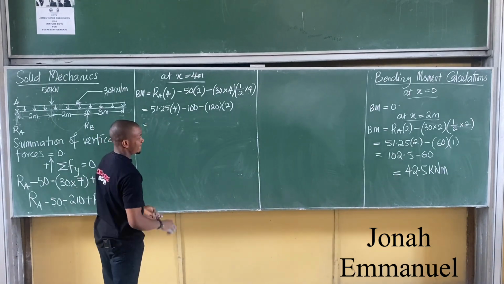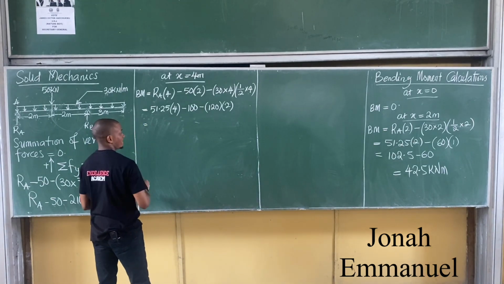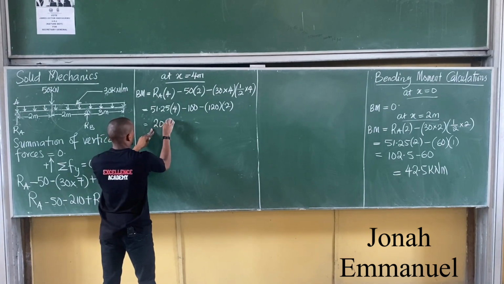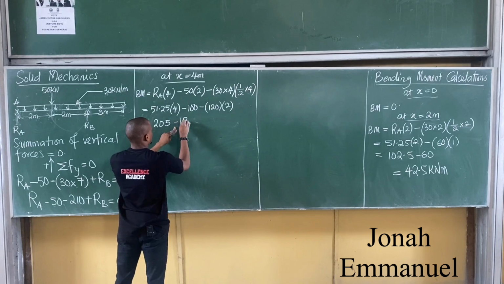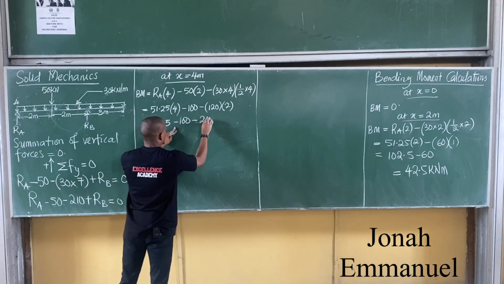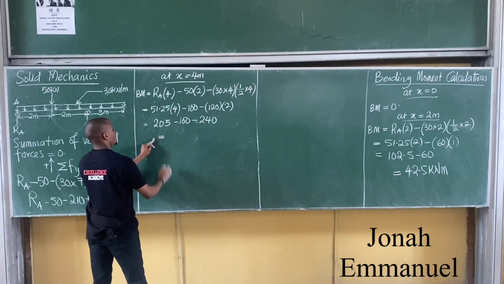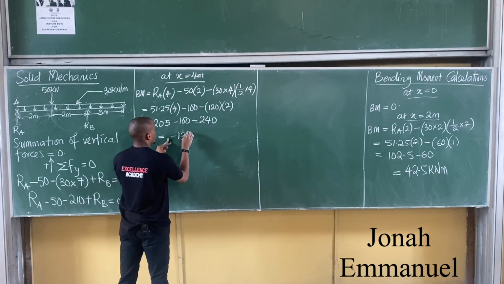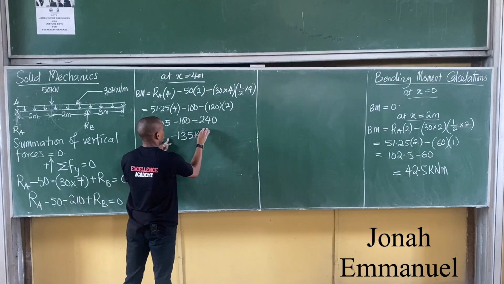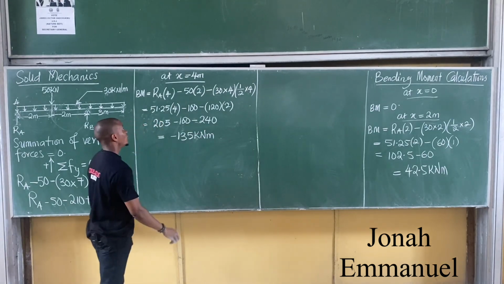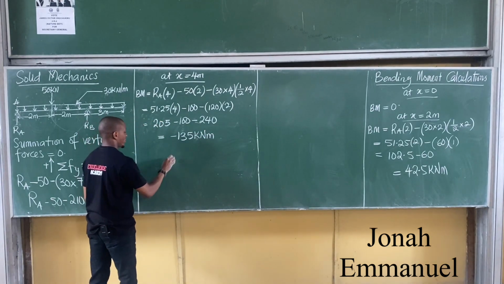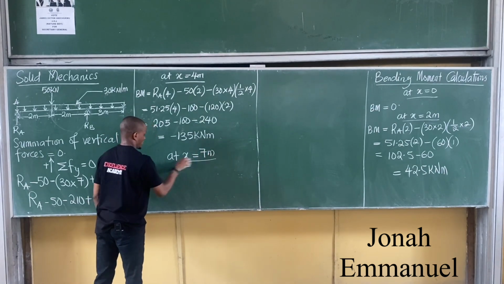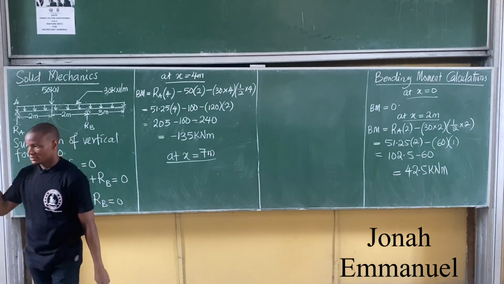So what do we get here? 205 minus 100 minus 240. Please give me this value. Minus 135 kilonewton meter.